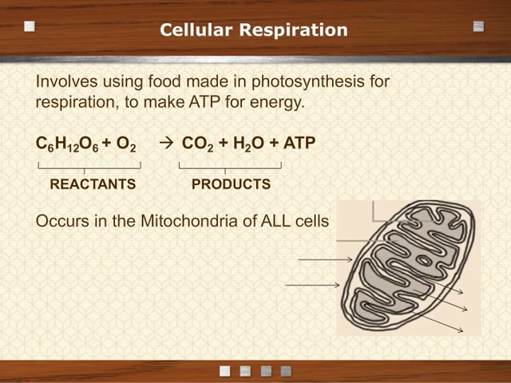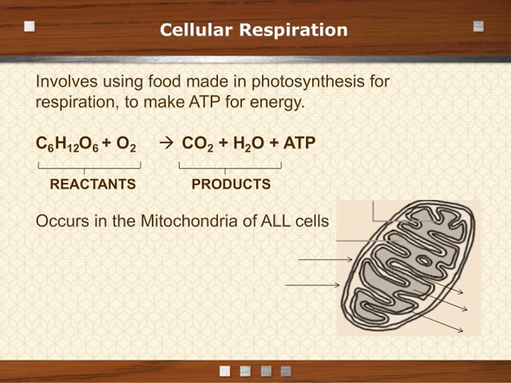Glucose plus oxygen yields carbon dioxide plus water plus ATP. The differences between cellular respiration and photosynthesis are that there is no sunlight necessary for cellular respiration, and that ATP is one of the products.